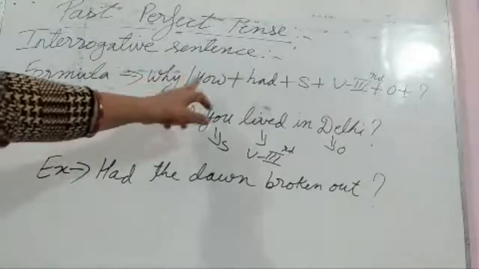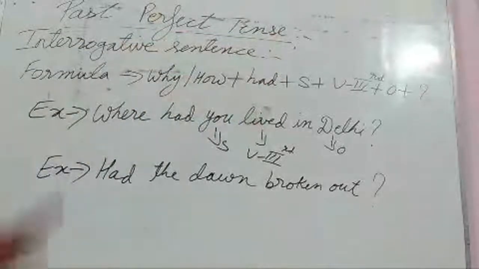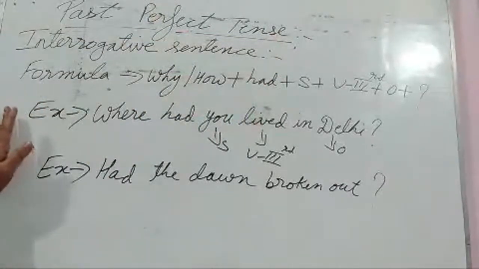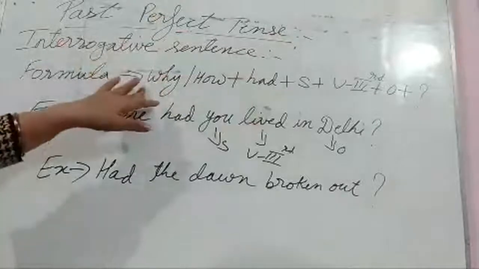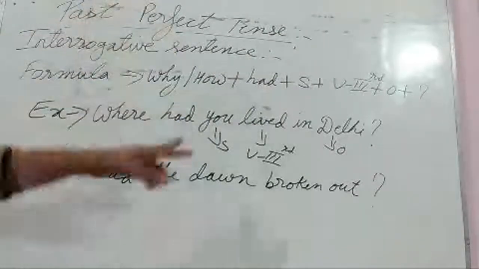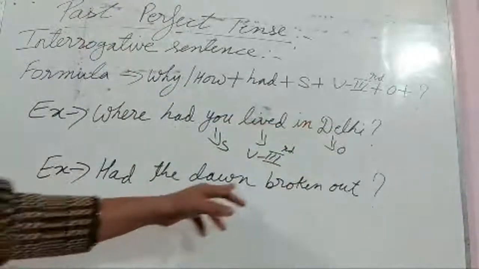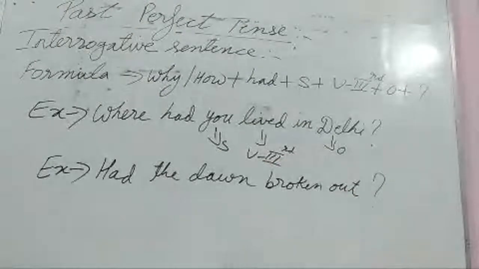So why or how plus had plus subject plus verb of third form plus object and the question mark. In the same way, two examples are given related to the formula of the interrogative sentence in past perfect tense. Where had you lived in Delhi? And had the dawn broken out?